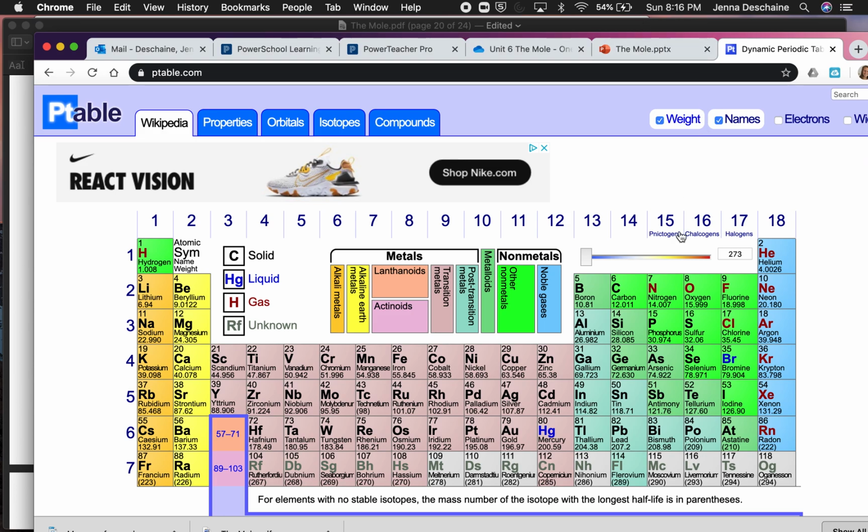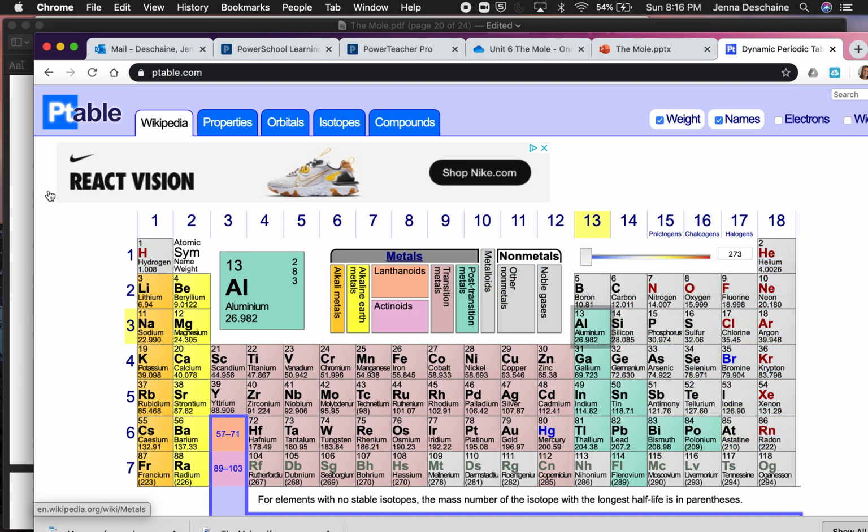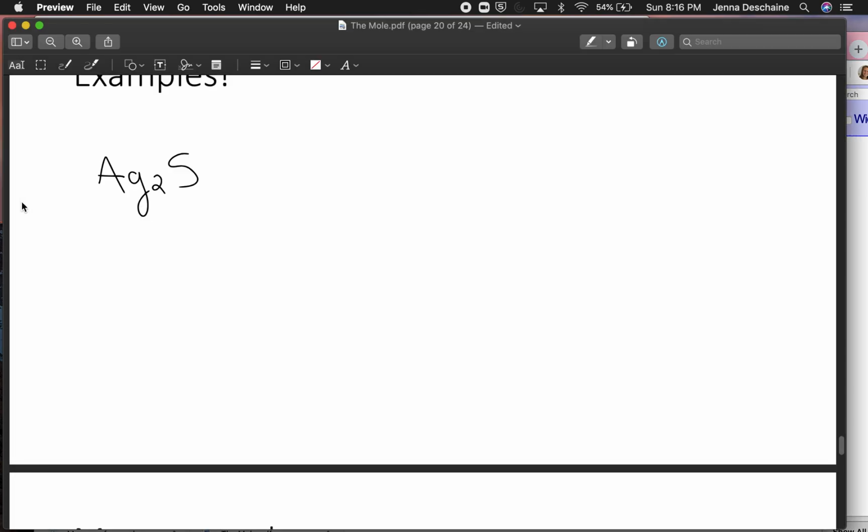You're going to want to refer to the mass of the element, which can be found right under the symbol. So if I was looking at aluminum, its mass would be 26.982.